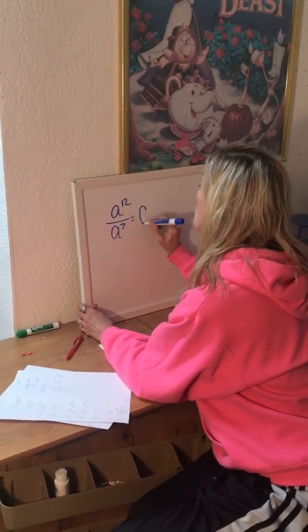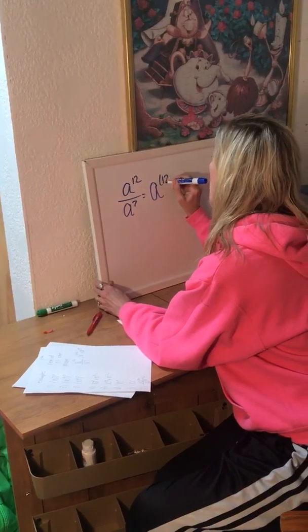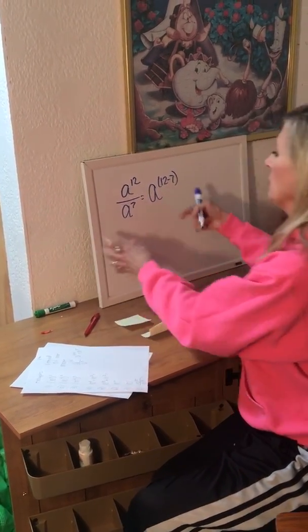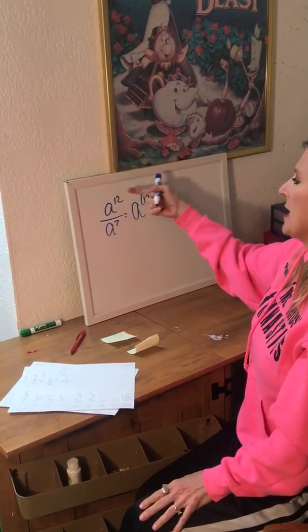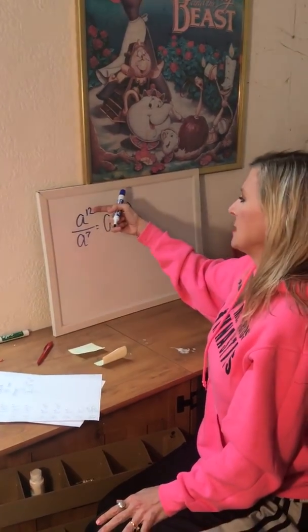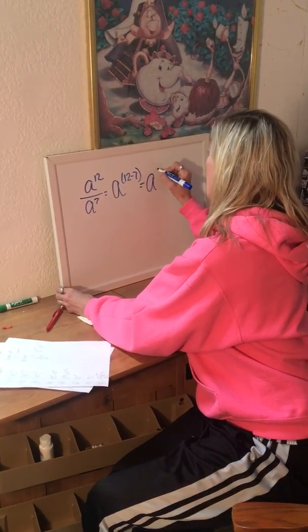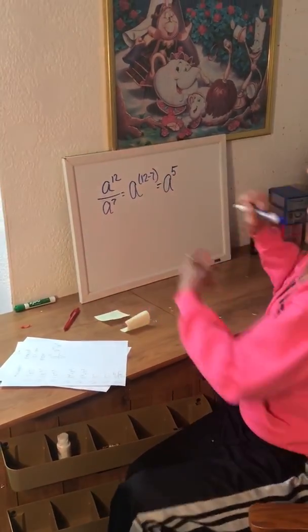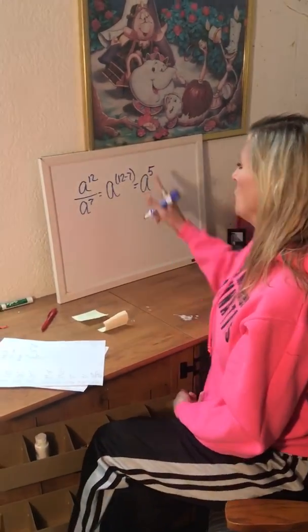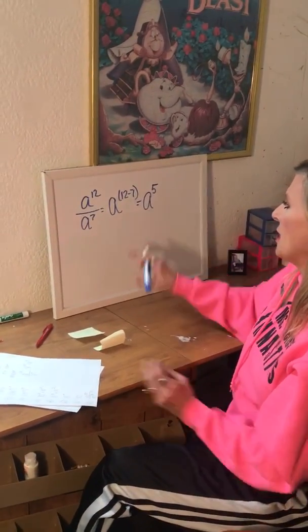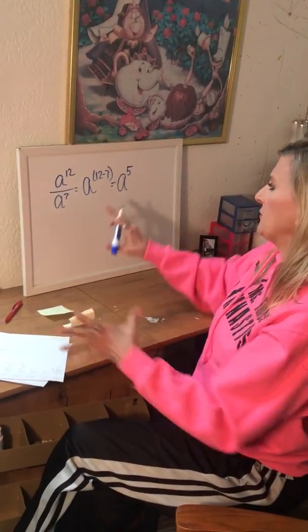This is equal to a to the 12 minus 7. Your numerator takes over, and you subtract 12 minus 7, so your answer would be 8a to the 5th power. Add that to your notes, please. Not today's notes, but yesterday's notes, if you don't mind.